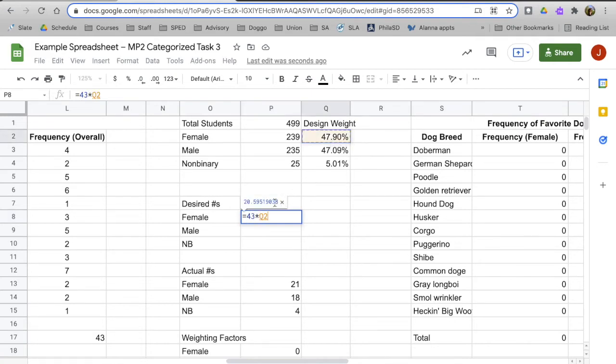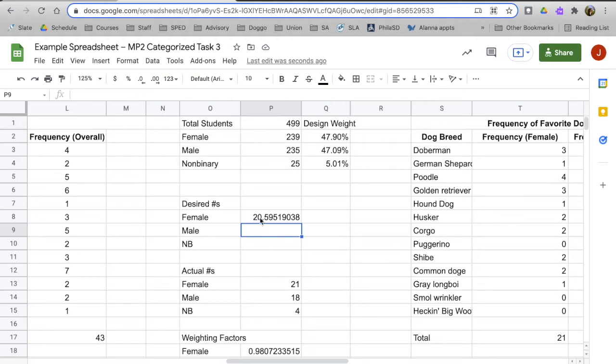And I don't even need to use a calculator here. I can use Google Sheets as my calculator. I just put in equals 43 times, and then I select the cell that has my design weight. All right, so that's my desired number. And I am not going to round this desired number because I don't want to round until I'm done with my calculations. There's no need to round now. It will just make our answers less accurate.